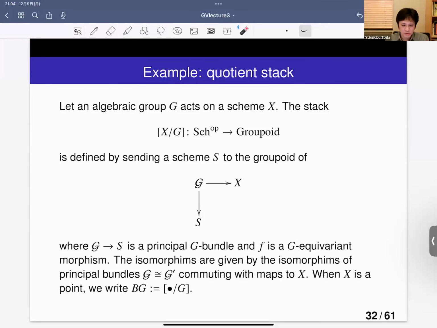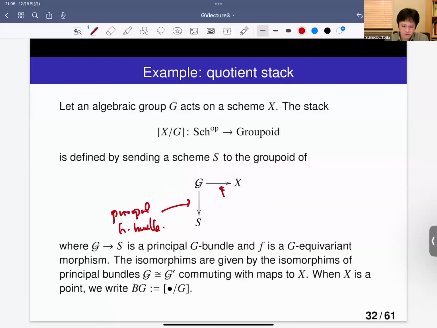Let an algebraic group G act on a scheme X. Then we have the stack in this way. This is defined by sending a scheme S to the groupoid of this data. Here this is a principal G-bundle.